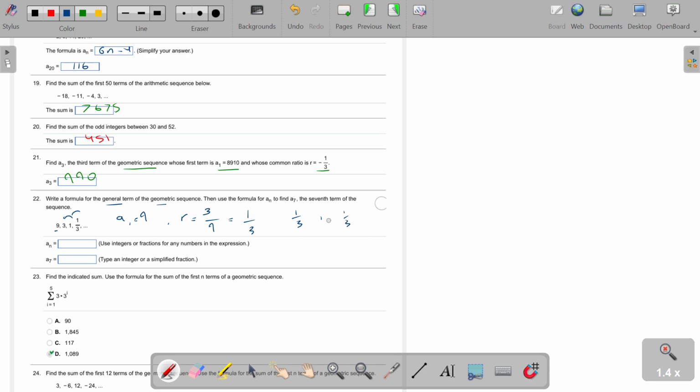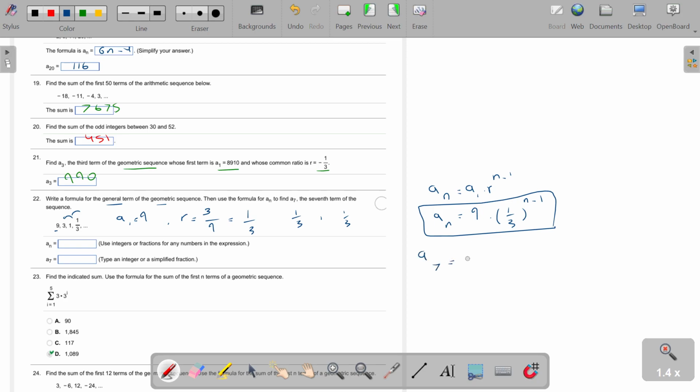Now I'm going to find my general term. The formula is an equal to a1 times r to the power of n minus 1. And I know a1 is 9 and r is 1/3 to the power of n minus 1. And that's it. This is my general term. And now I'm going to find a7. Just replace n with 7.